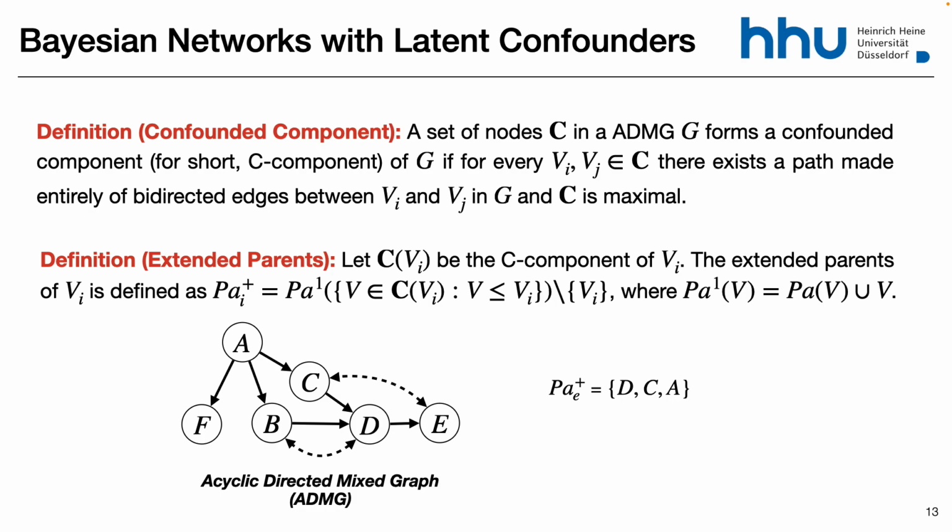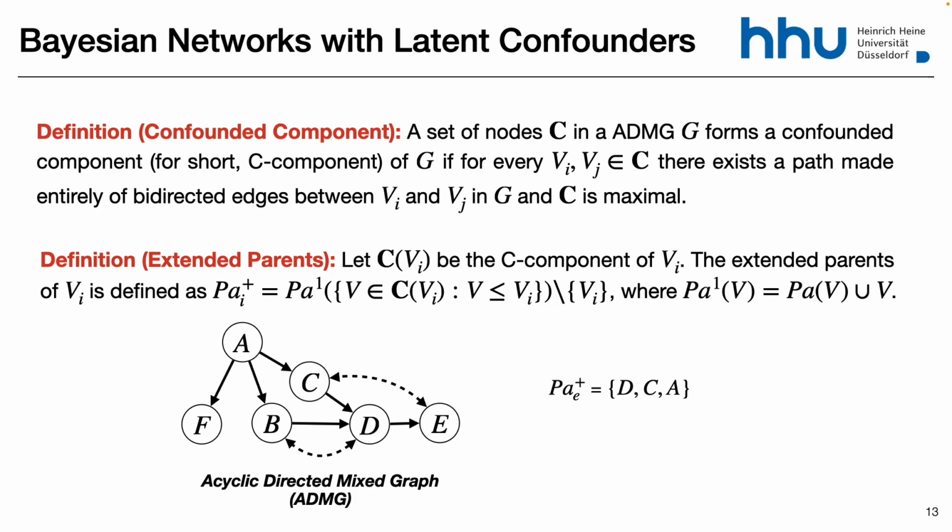I don't get the parent itself of E. Actually, I get it, but I remove it later, right? So you do this process. I should actually include the E here, but then I remove the E afterwards. Got it? But basically, it's just the parents of every variable in the C component before the variable itself.